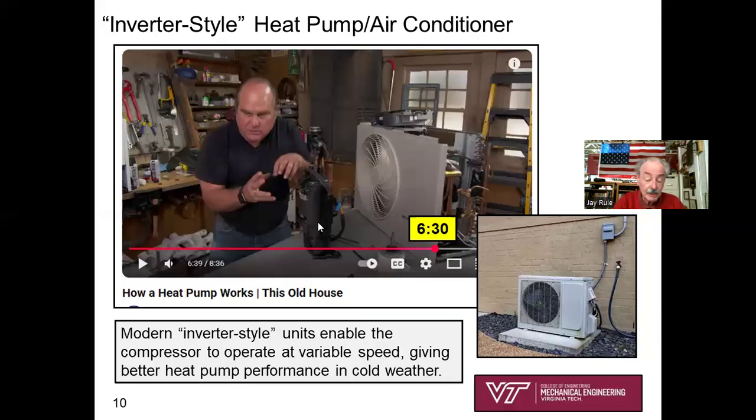And that improves the coefficient of performance of the heat pump or air conditioning system. He does a great job of explaining this in about a minute and a half. So I admire his ability to encapsulate information and provide it so concisely. So I highly recommend you watch this 8.5 minute video to better understand a heat pump slash air conditioning system that we see in our everyday lives.